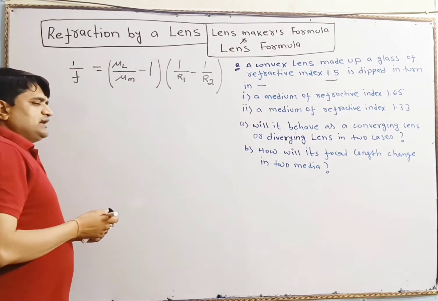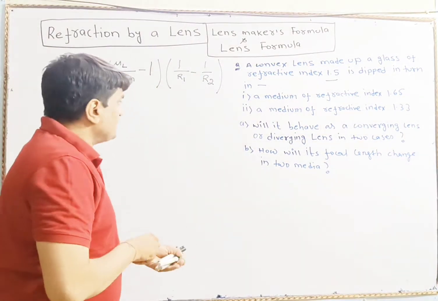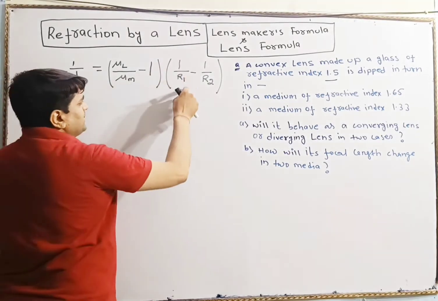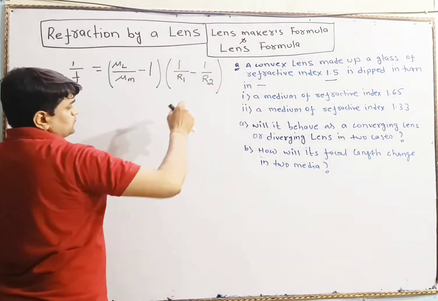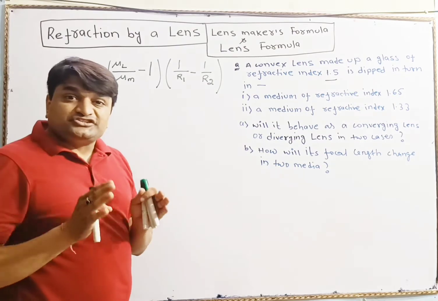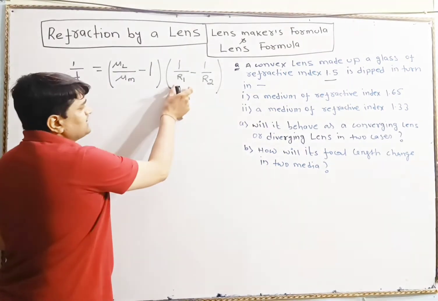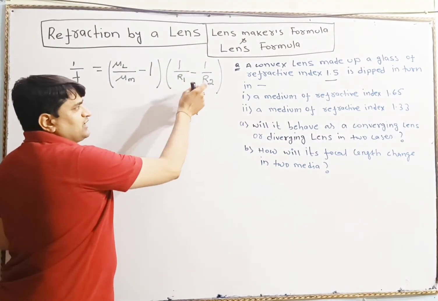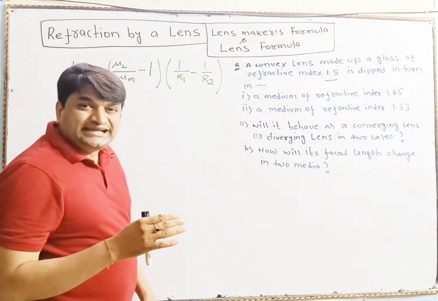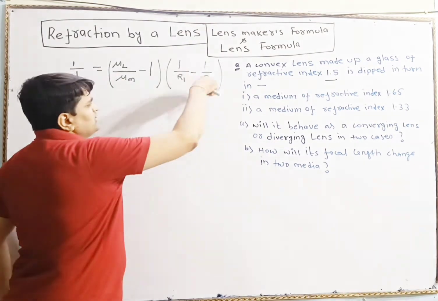Now see the situation. The terms 1 upon R1 and 1 upon R2 are decided by the construction, because these are the radii of curvature. So because of a change in medium, this term will not change.